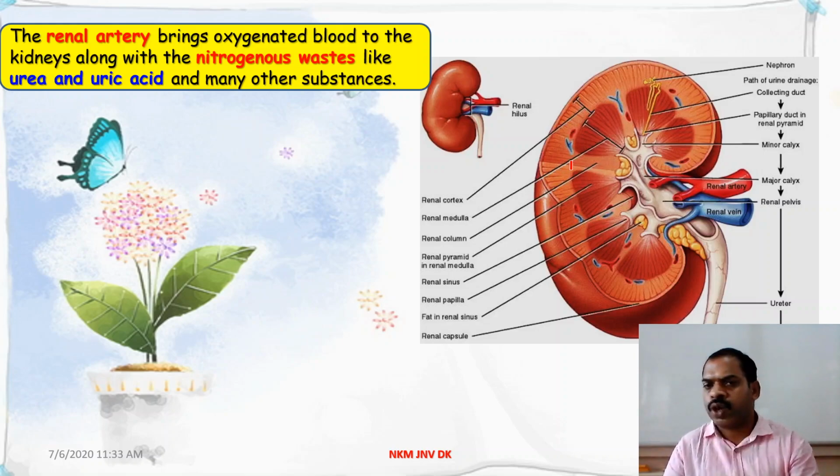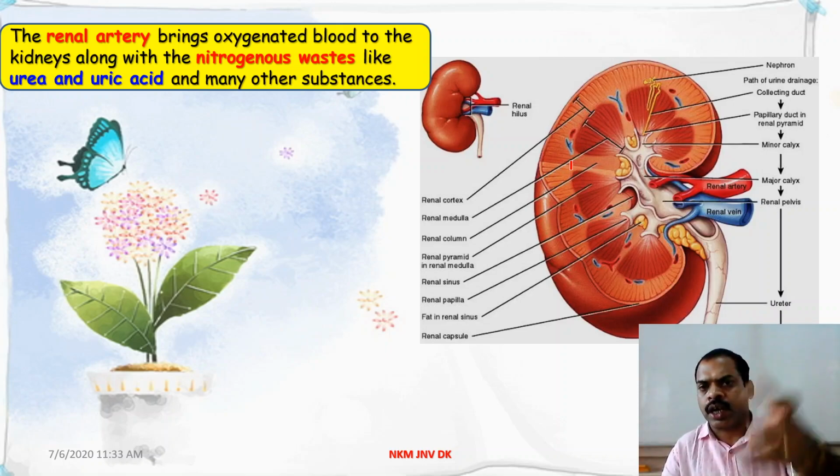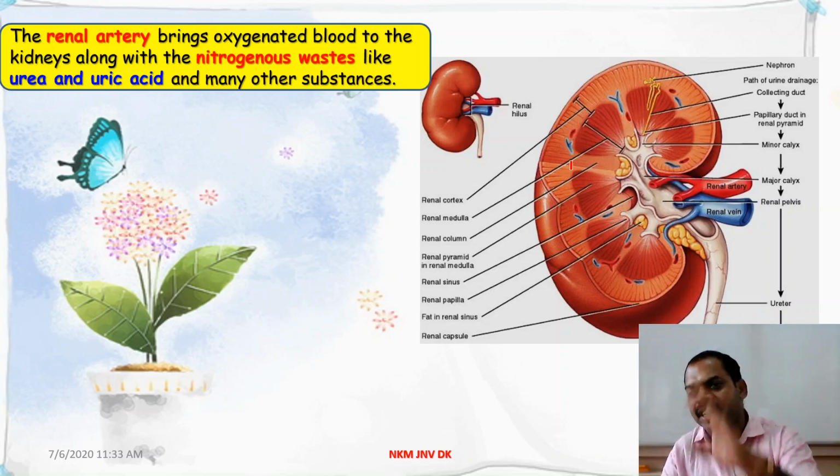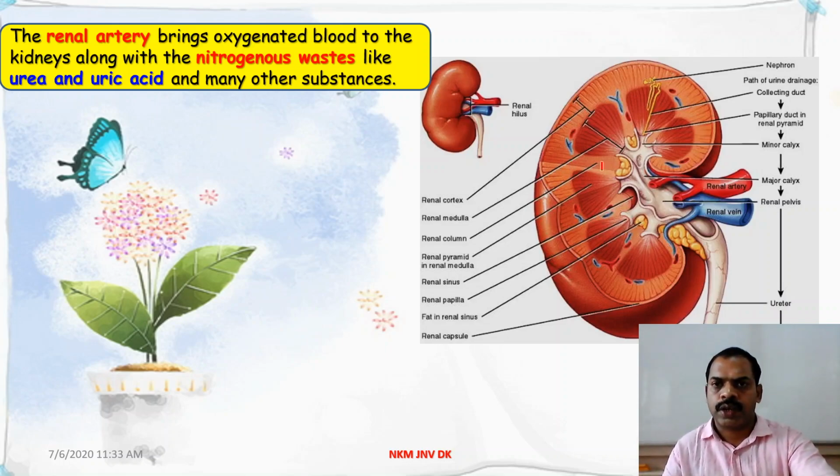It is required for our body. It can be purchased from the market also. If you purchase and consume B complex continuously, our body will not store B complex. It will go out through the urine. So excess drug, metabolic waste, excess water, everything will go out through the urine. So the artery will bring all these things.